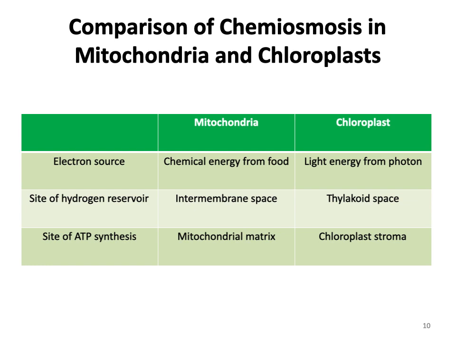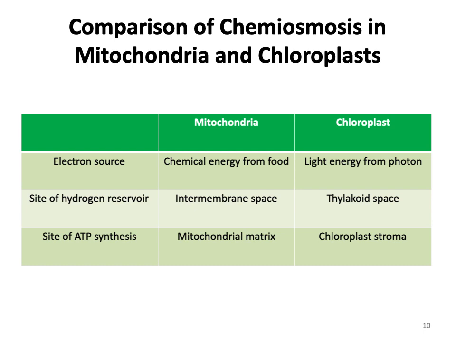So we can say that chloroplasts and mitochondria generate ATP by the same mechanism, which is chemiosmosis. However, they use different sources of energy. In mitochondria, the energy source comes from food, while in chloroplasts, the energy source comes from photons.